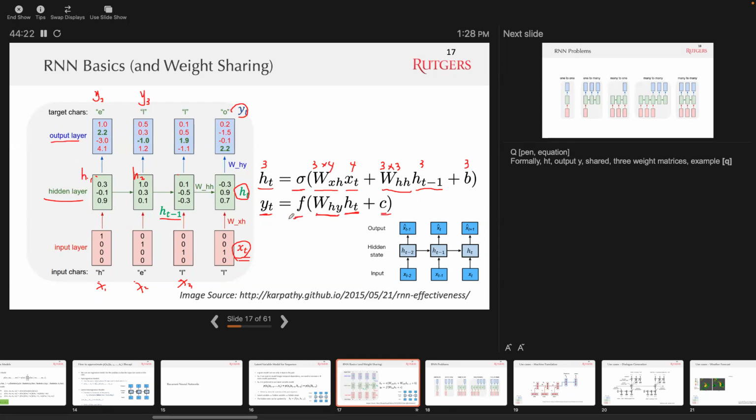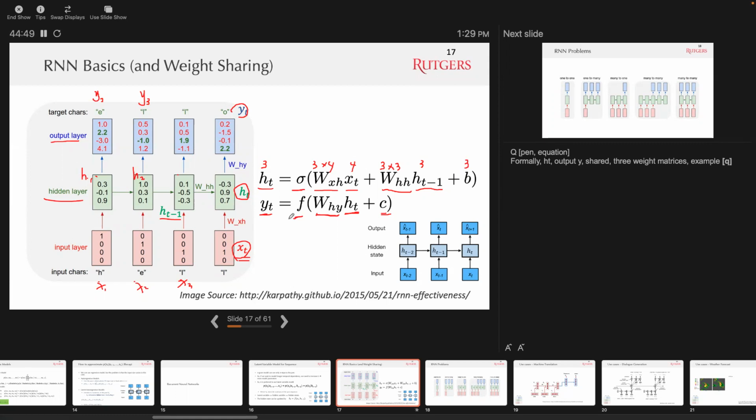Okay, so two key steps. One is how do you compute the hidden states, and second is how do you compute the output. Any questions so far? Oh, you mean use the yt as input to the next xt?